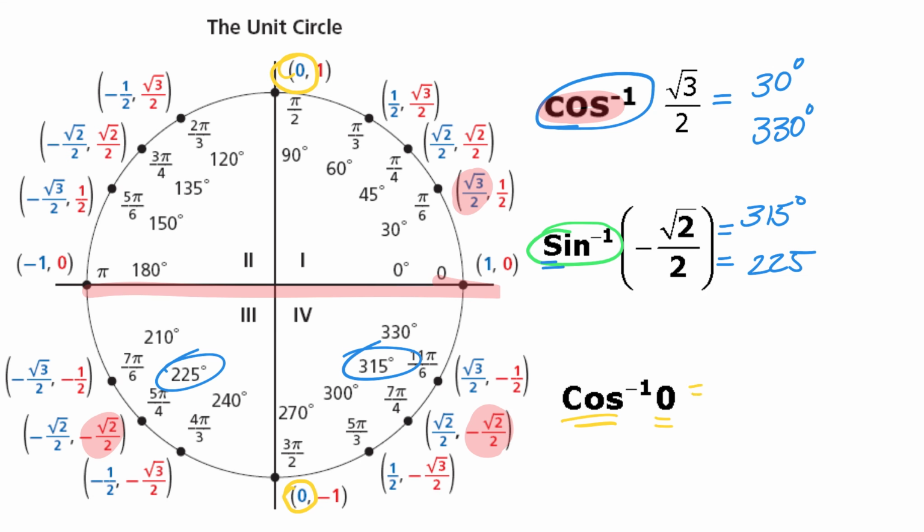So our degree measurements are going to be 90 degrees or 270 degrees. And what we kind of ignored is the fact that this could be 90 degrees or pi over 2, because don't forget, we measure in radians or degrees. And the other one would be 3 pi over 2, excuse me.